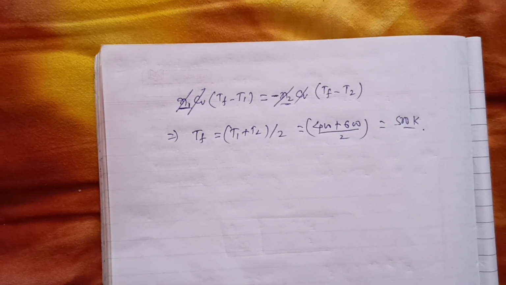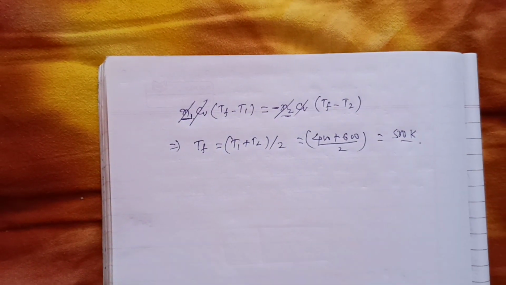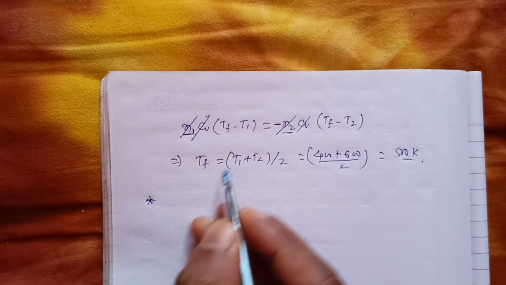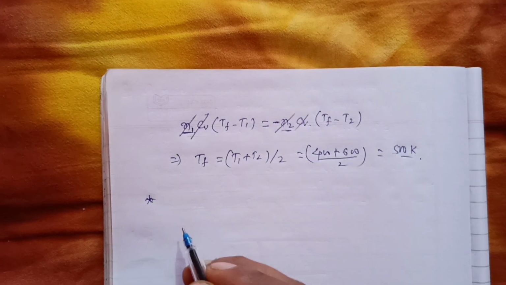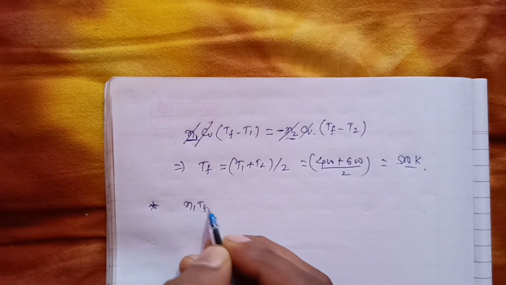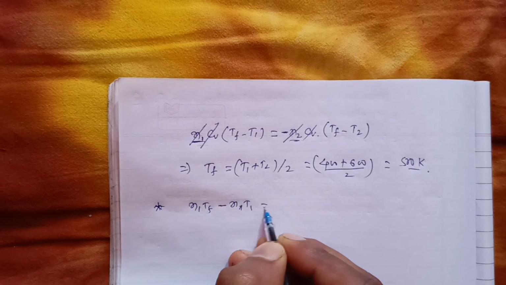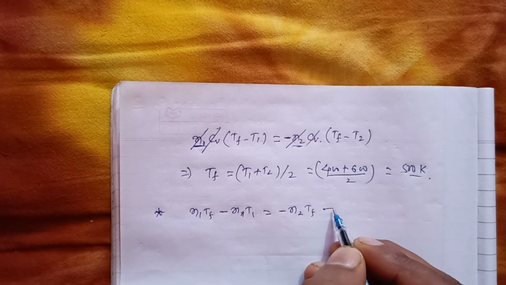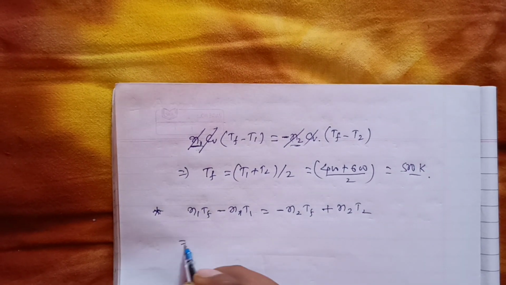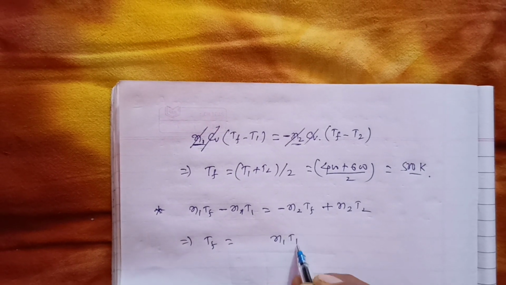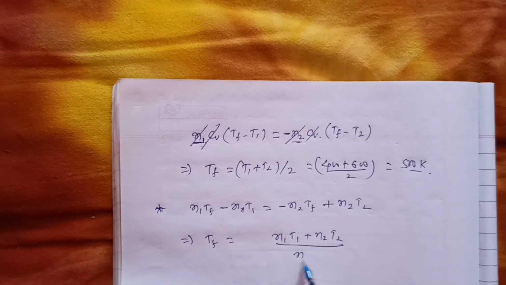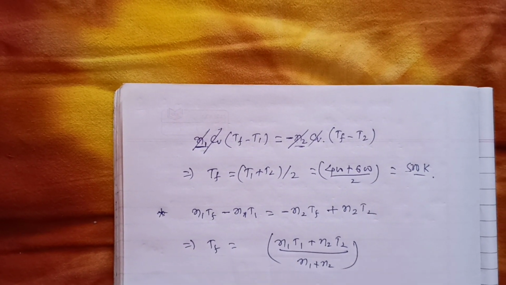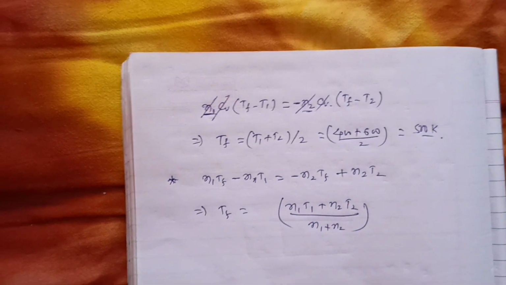If both are not the same, then a separate equation will come. Since it is the same gas, CV is the same, so N1 T final minus N1 T1 will be equal to N2 T2 minus N2 T final. So T final will be equal to N1 T1 plus N2 T2 by N1 plus N2. This is the same thing we have got.